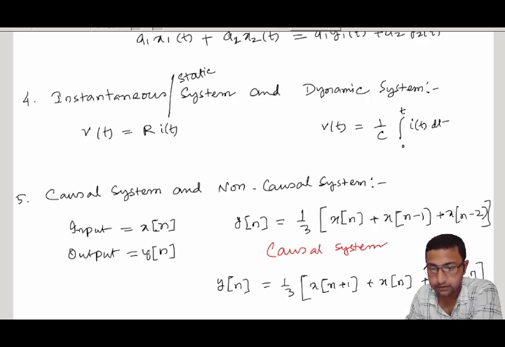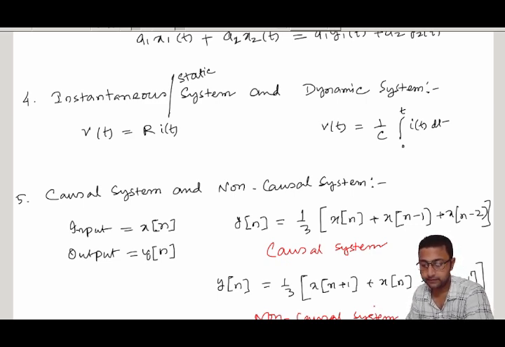Look, x[n plus 1] is the future step. The output depends on the future step, so this is called a non-causal system. Very simple thing.